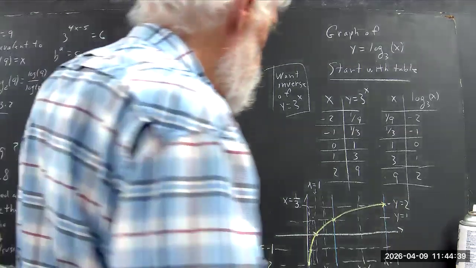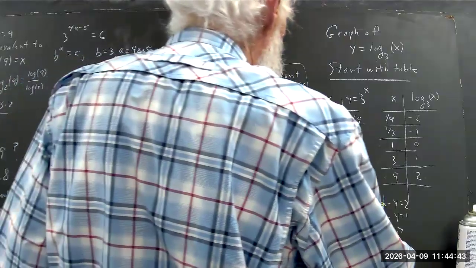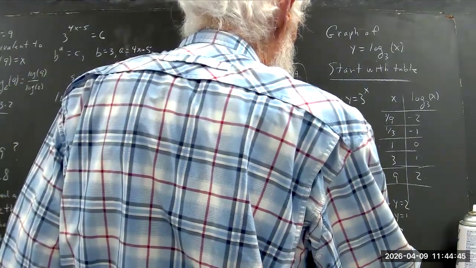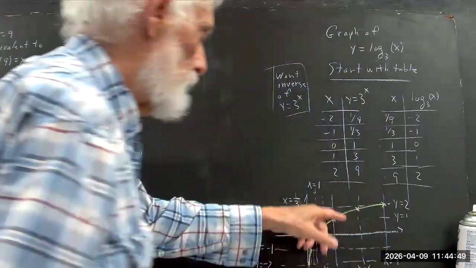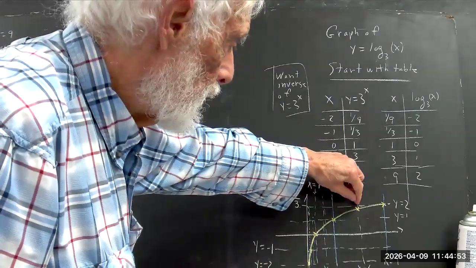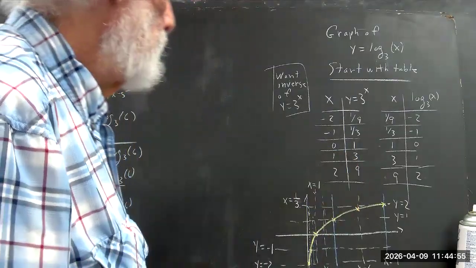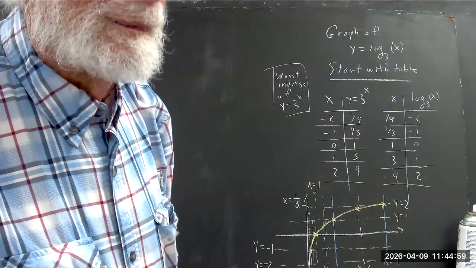We answer that question by noting where the line x equals 6 meets the graph. And we see that that's at y equals maybe 1.8.